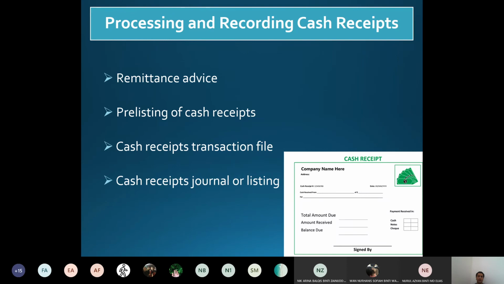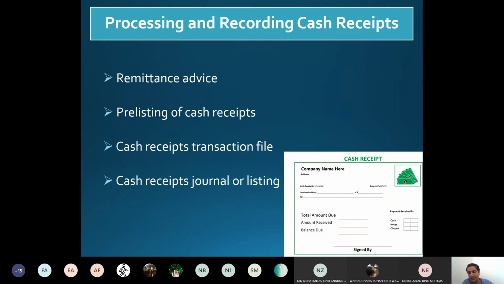First, if we receive cash from the customer, we are usually involved in several transactions a month, and they will pay the company not for only one single invoice but for several invoices. So we will have what we call a remittance advice.